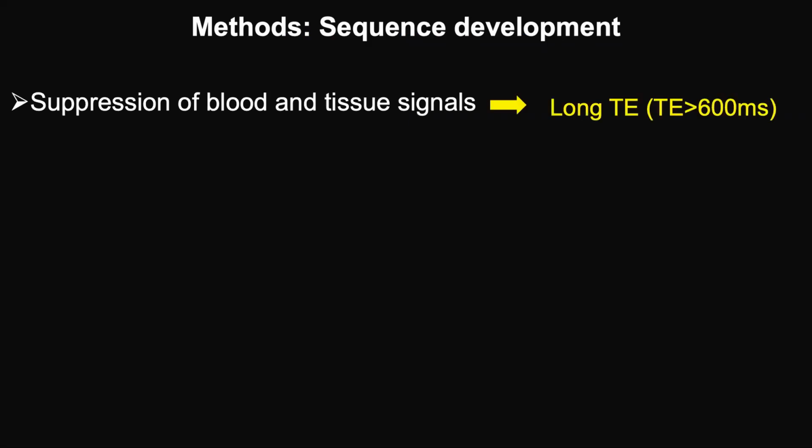A 3D turbo spin echo sequence was adopted and modified to achieve the following goals. First, a long TE over 600 milliseconds was used to minimize signals from gray matter, white matter, and blood, and separate the CSF signal from the rest of the brain. Second, to avoid the extravascular effect from GAD, a spin echo-based sequence was adopted.